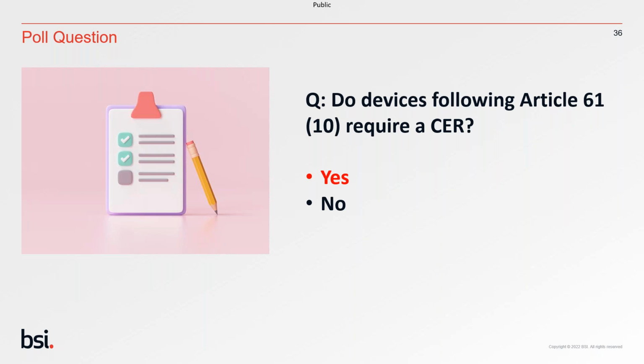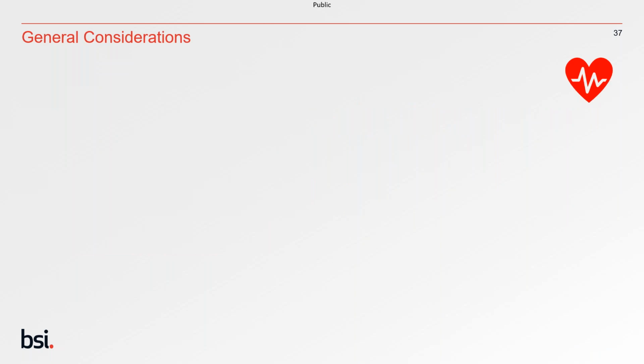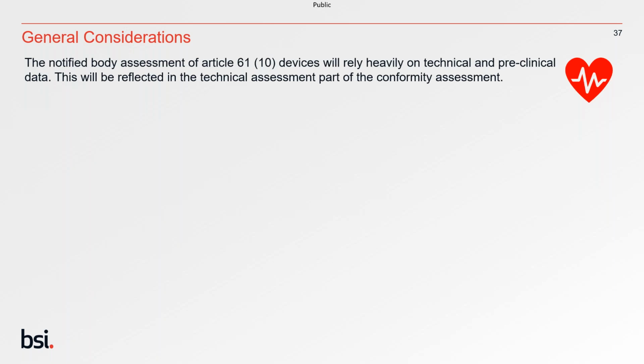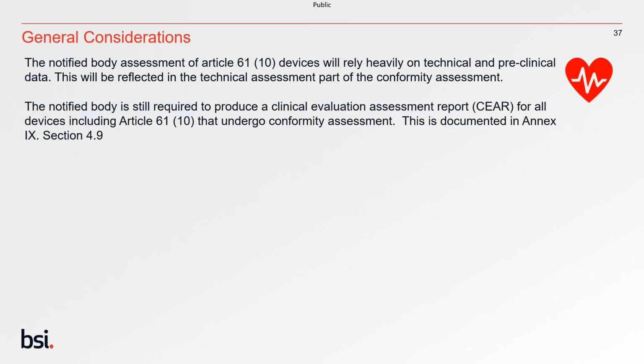Even though clinical data may be deemed inappropriate, there are still some things that need to be considered within your clinical evaluation report. So, some general considerations when writing your clinical evaluation report for these devices. Typically, the evidence is going to come from preclinical bench testing data, animal study data, etc. That should be reflected in your technical documentation of all the types of tests that you've done, and some reference to those tests within your clinical evaluation report is always helpful.